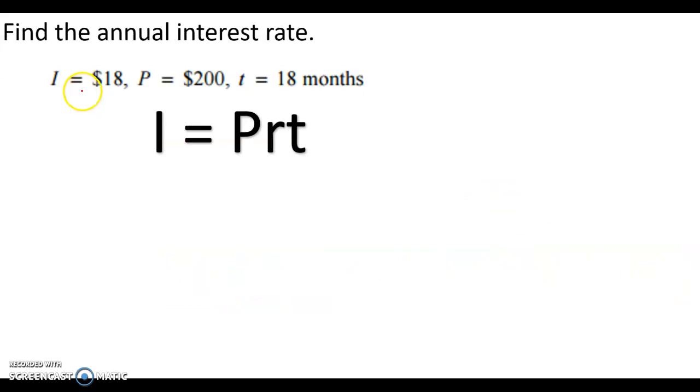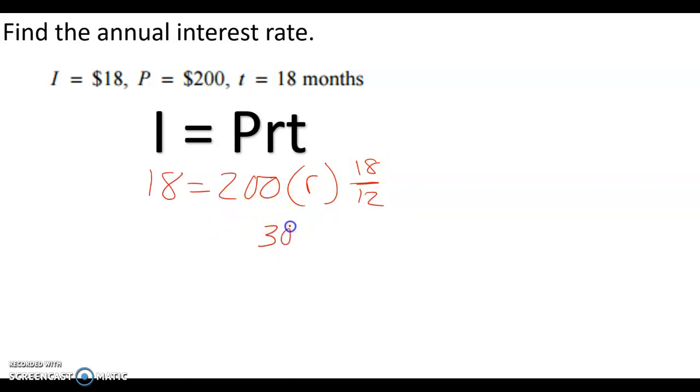So they give us the I, 18. They give us the P, 200. We're looking for the R, and they give us the time, but it's 18 months, so 18 over 12. So when we go 200 times 18 over 12, that's going to give us 300 R equals 18.